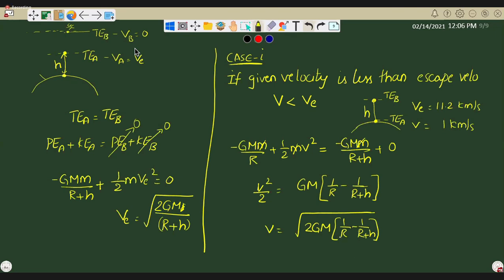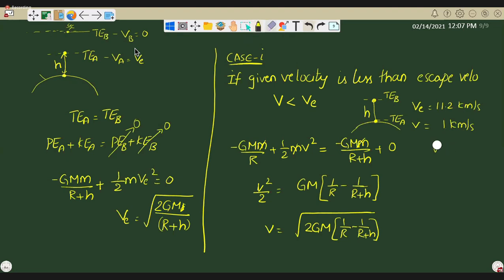Now the problem with this formula is you have to remember the G value, the M value, and the R value. Correct? Yes, sir. Now what he says in the question is, a body is projected with a velocity of 1 kilometer per second. At what height the body will reach from the surface, given VE is equal to 11.2 kilometers per second.